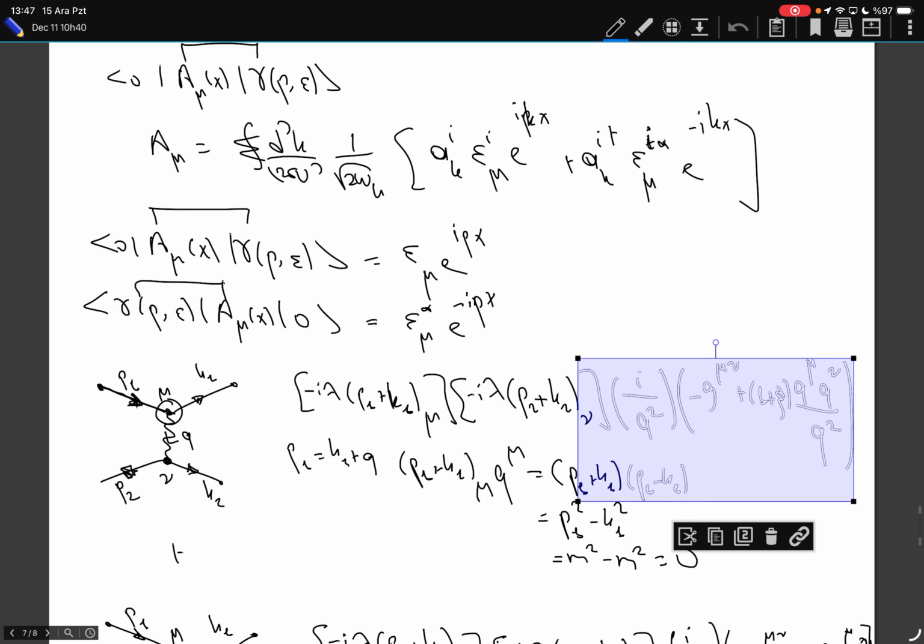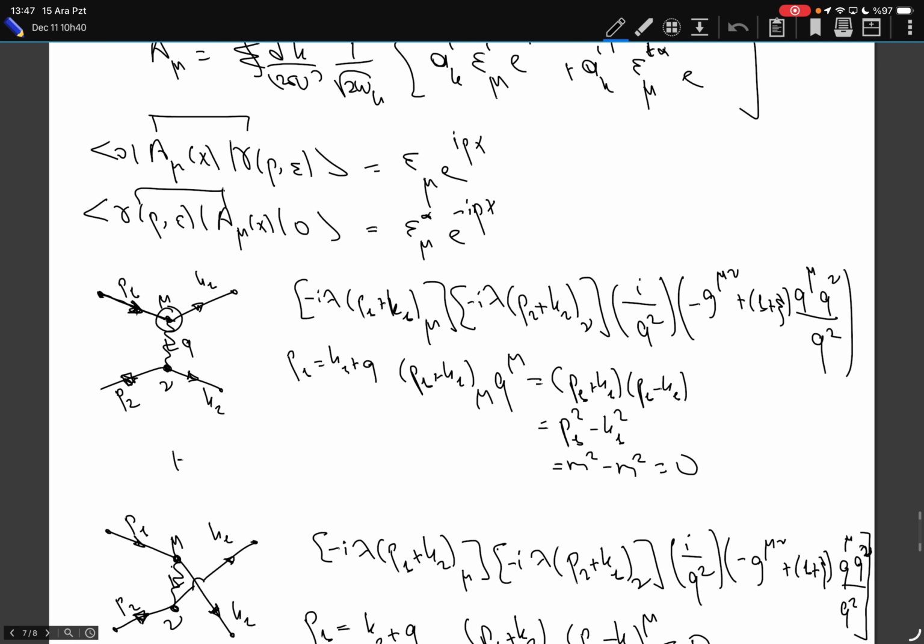Now, another thing we noted was that if you take any one of these vertices and multiply it with q mu, it's exactly 0. But this is nothing but the Ward identity. Well, in this case, it is kind of trivial. The reason why it satisfies the Ward identity is that both the incoming and the outgoing electron lines are on shell.